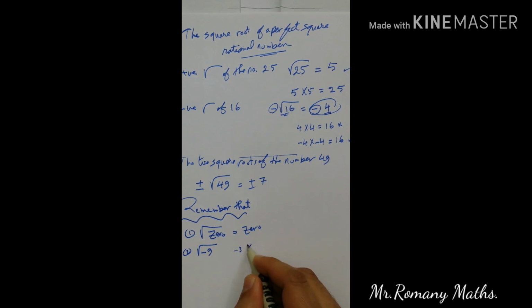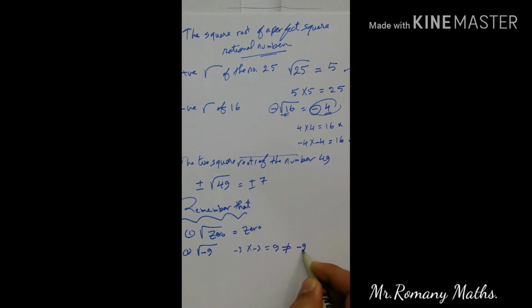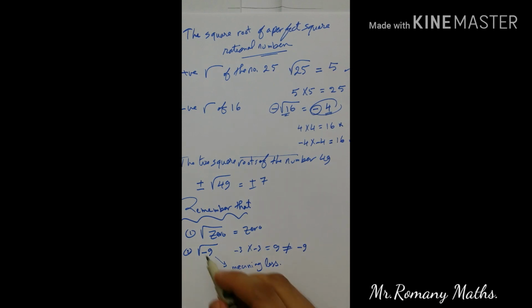Negative 3 times negative 3 equals 9, not equals negative 9. So it is meaningless. It has no meaning to find a square root of a negative number. Square root of a negative number, it is meaningless.